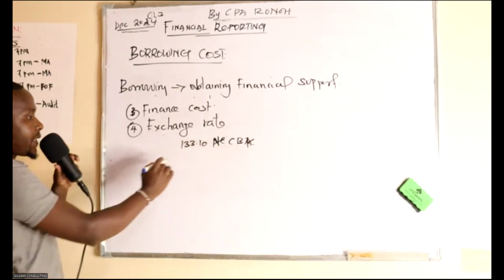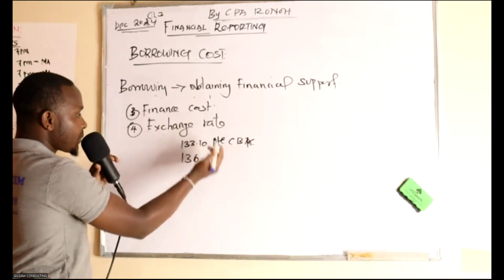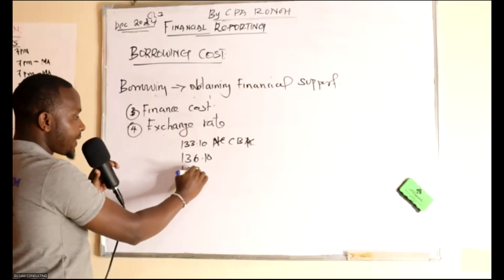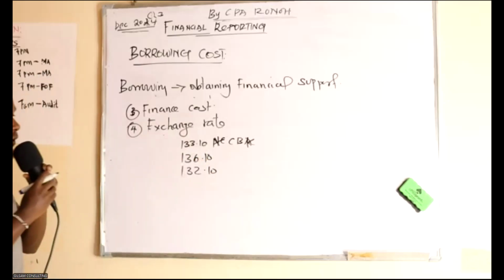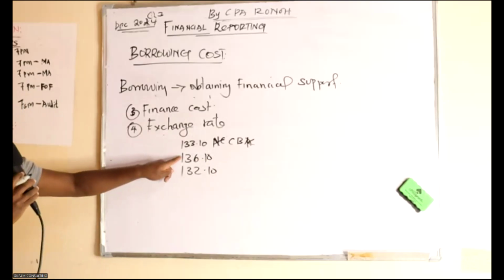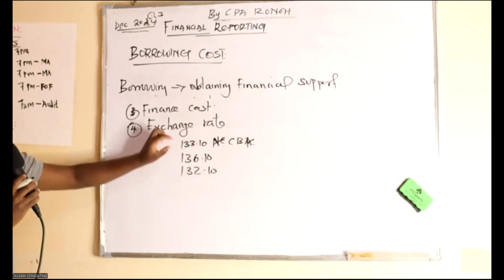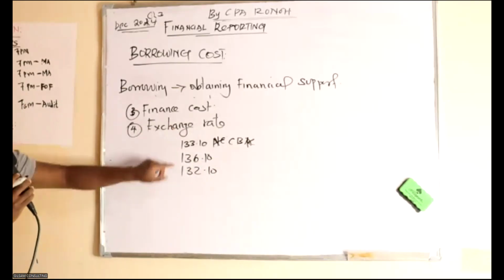So maybe they will sell you at 136.5 or below that one. If the bank sells you at this one, they're making a profit. If they're selling you at 132, they are making a loss because this is the CBK rate.